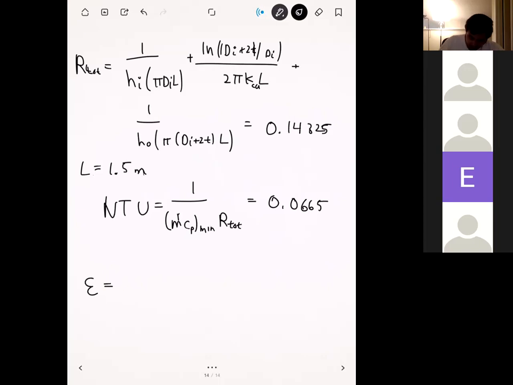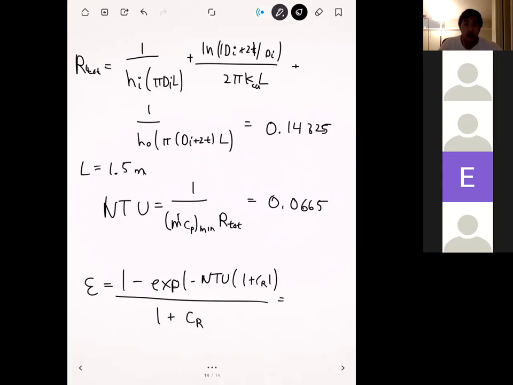Effectiveness is 1 minus exponential of minus NTU times 1 plus CR, divided by 1 plus CR. And this is going to be 0.062. So this is not a very effective heat exchanger. We're not going to get very much heat transfer out of this.